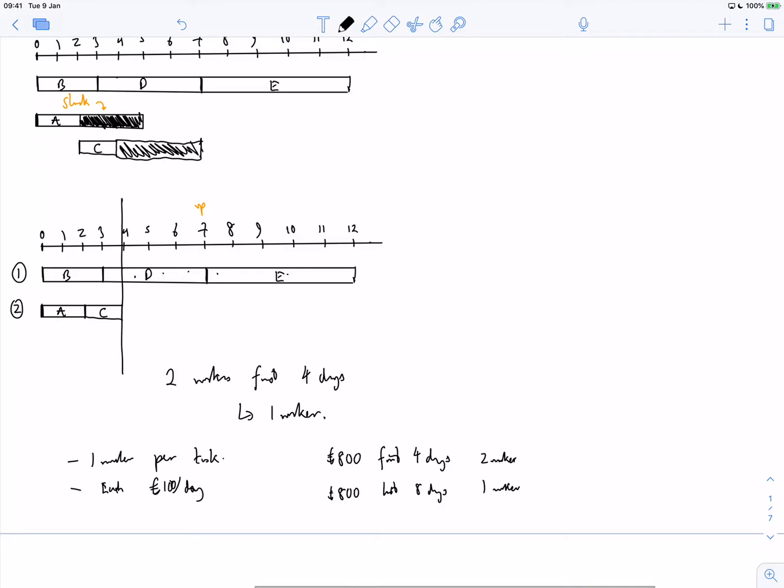A lot of it is just common sense, just reading off the diagram, figuring out what's going on.